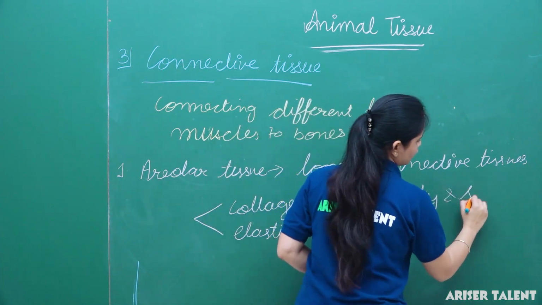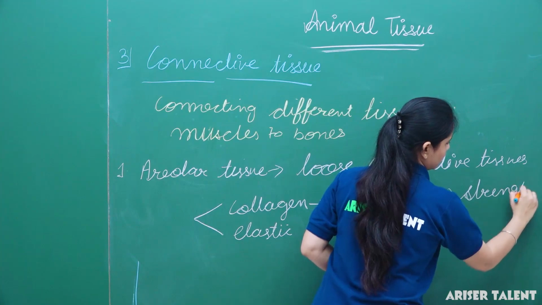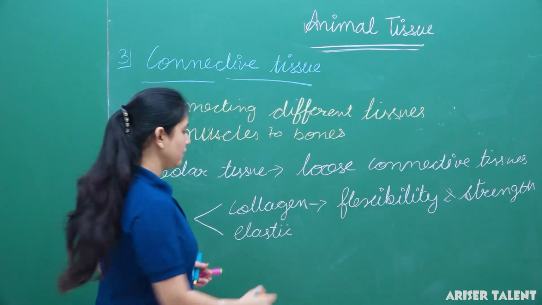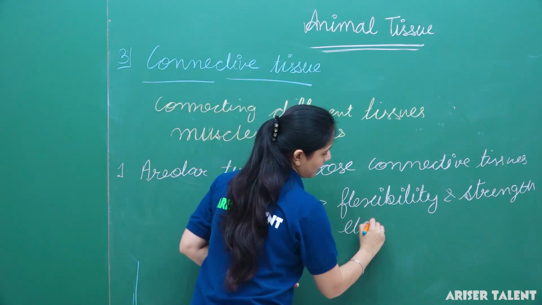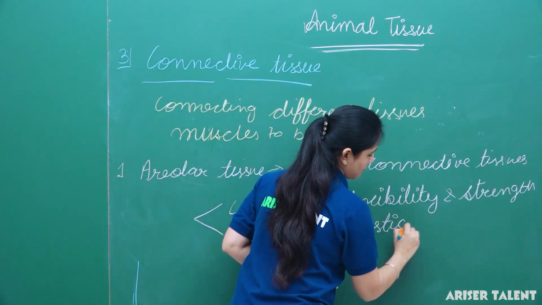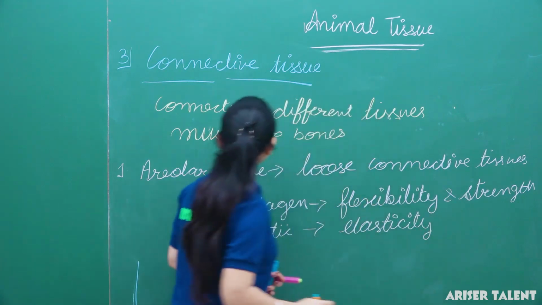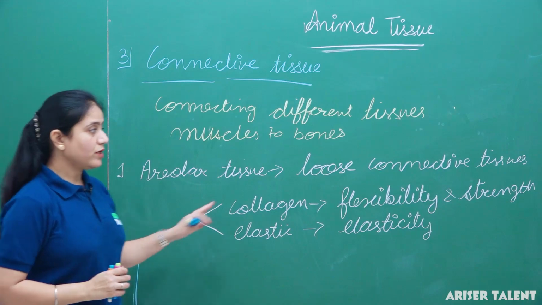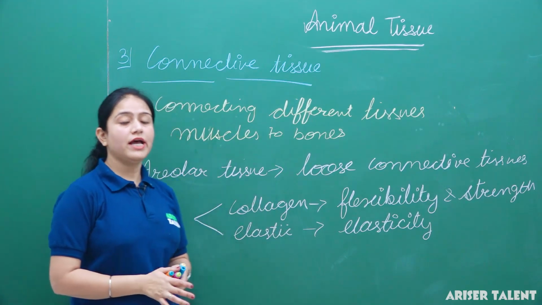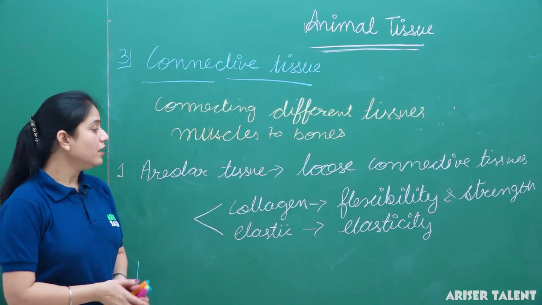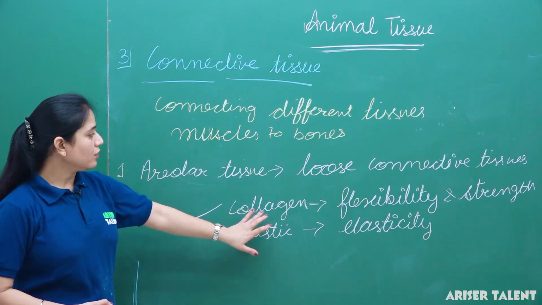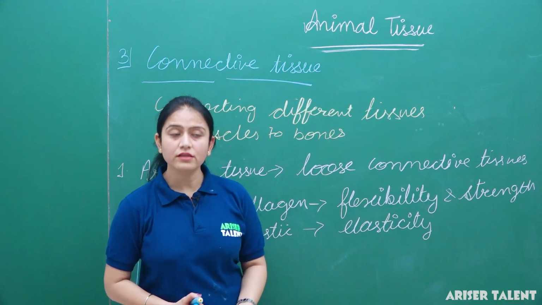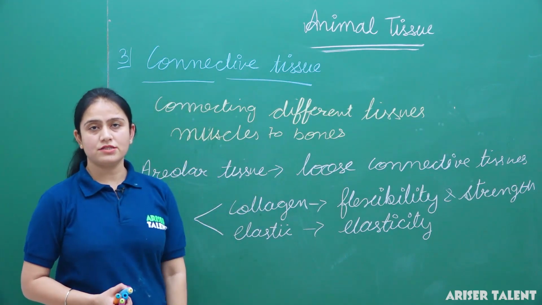And elastic fiber gives elasticity. So areolar tissue is widely spread in the animal body. That's why they are known as loose connective tissues. They have some fiber-like structures in them, and the fibers are of 2 types, collagen and elastic. Collagen fiber gives flexibility and strength, and elastic fiber gives elasticity.